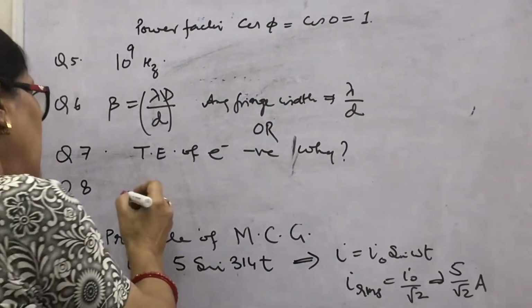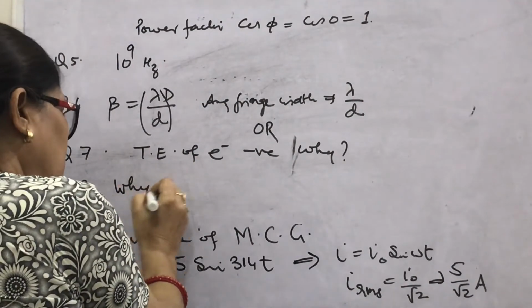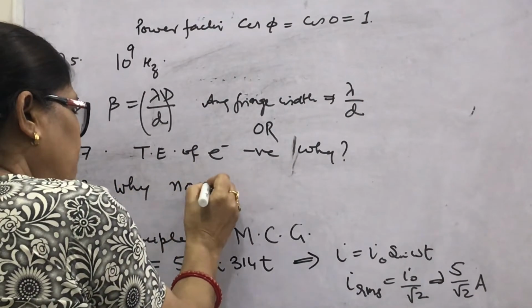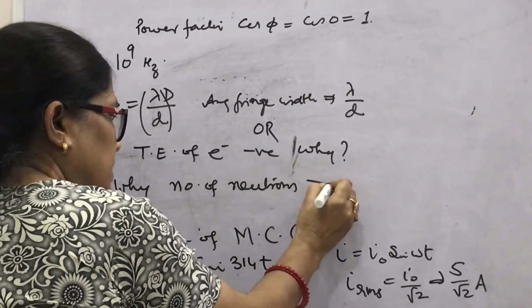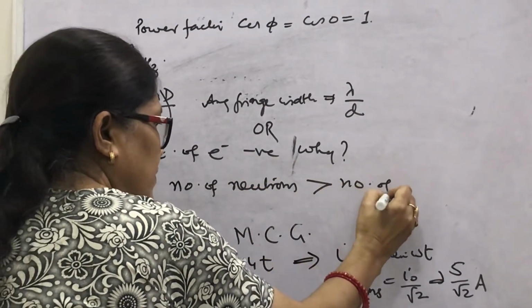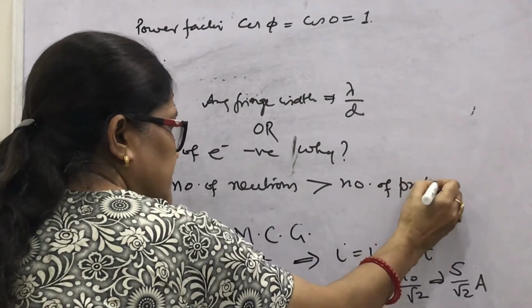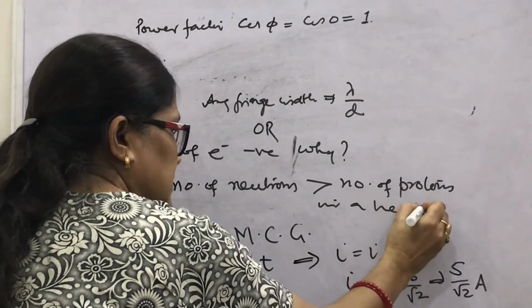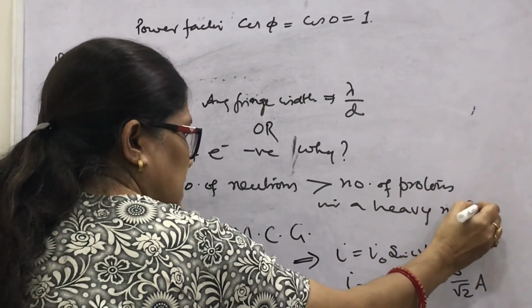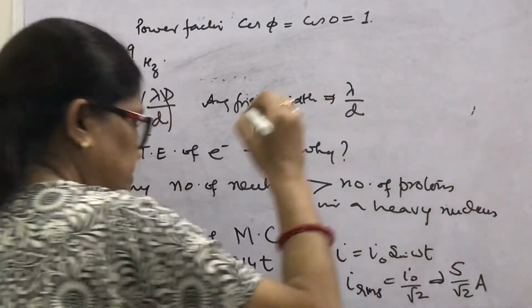So the question is, why is the number of neutrons greater than the number of protons in a heavy nucleus? I have discussed the answer just now.